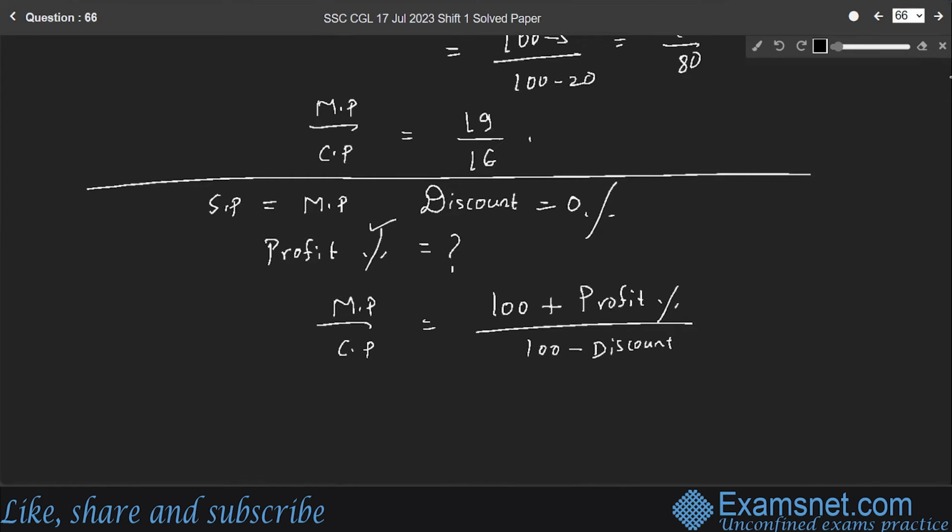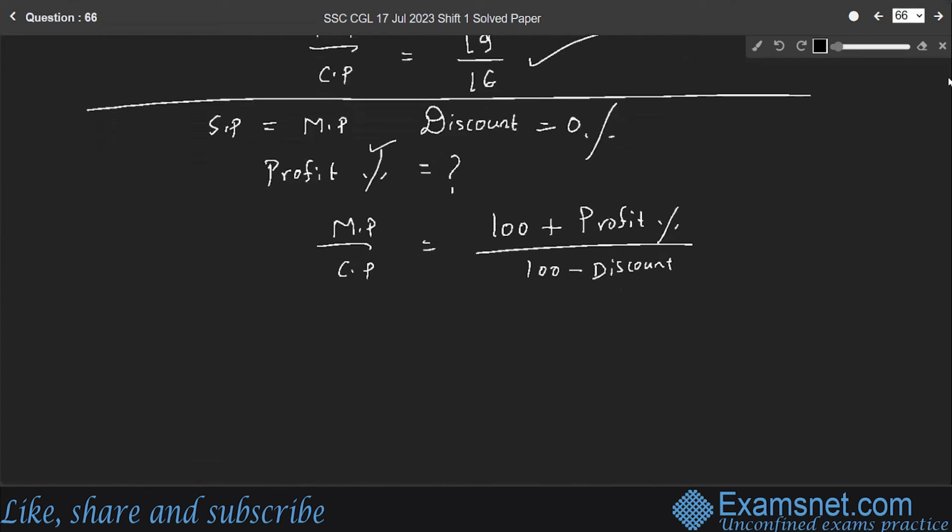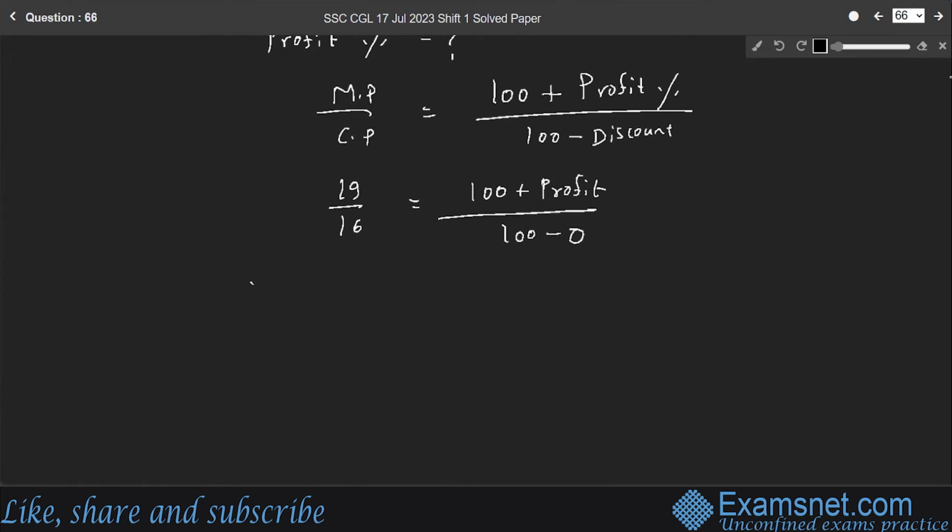So just now we calculated the market price to cost price ratio, which is 19 by 16, right, is equal to 100 plus profit percentage. There is no discount given here, therefore 100 minus 0. Therefore 100 plus profit percentage is equal to 19 into 100 by 16, so 1900 by 16.